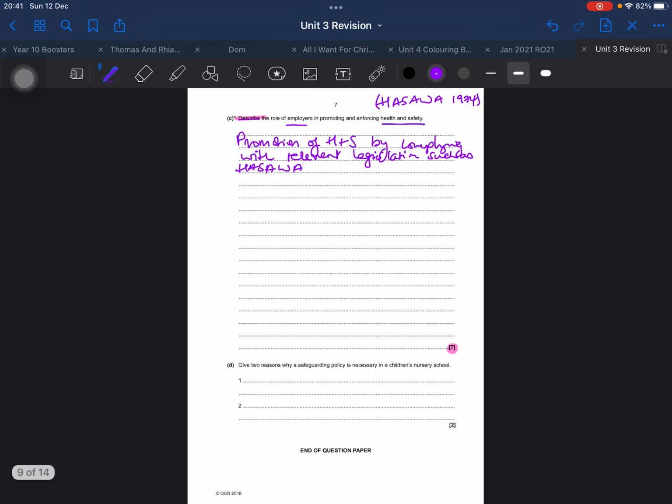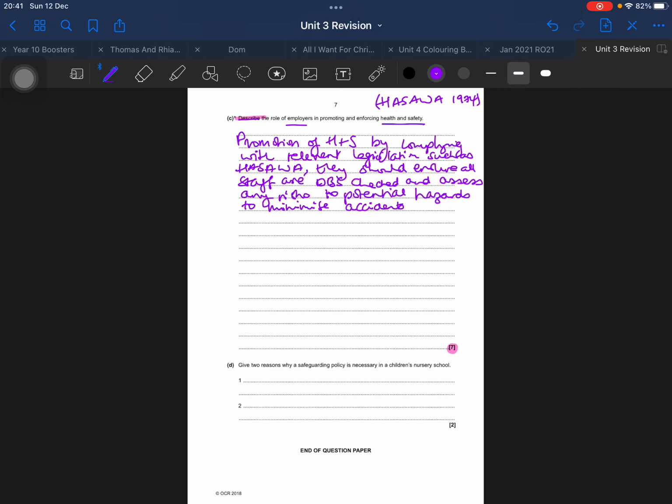Okay, they should ensure all staff are DBS checked and assess any risks to potential hazards to minimise accidents or injuries.